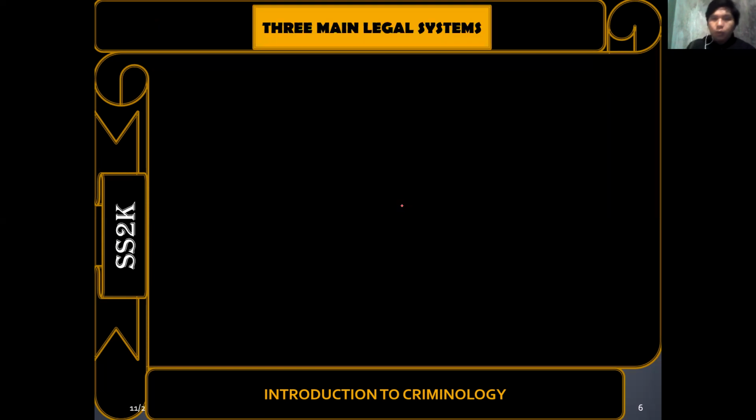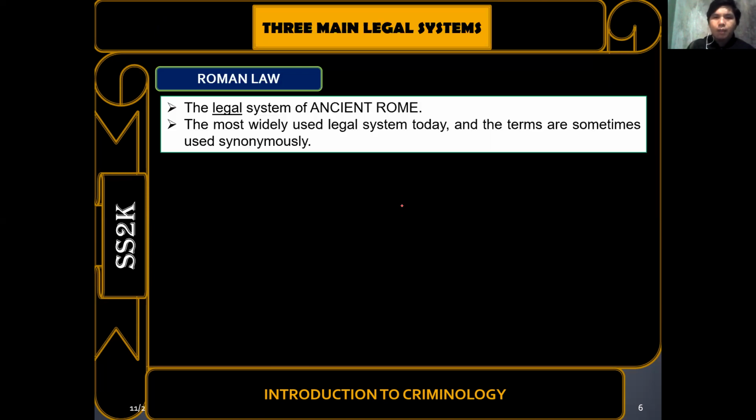Okay? So, what are the three main legal systems kung saan po nakabase yung penology or corrections ng bawat bansa? So, the three main legal systems on which the laws are being anchored, we have the Roman law.